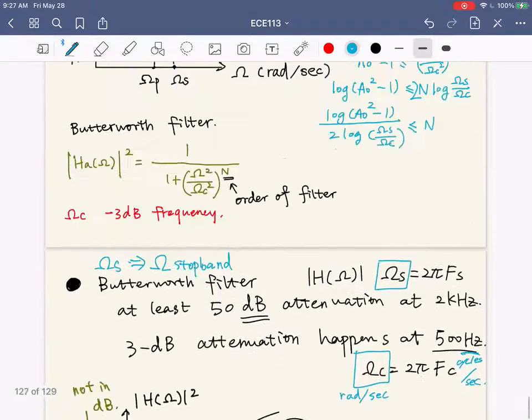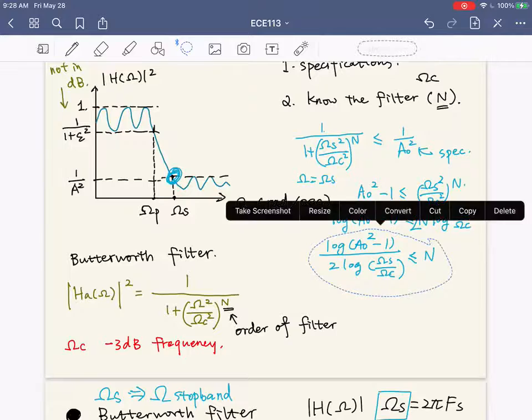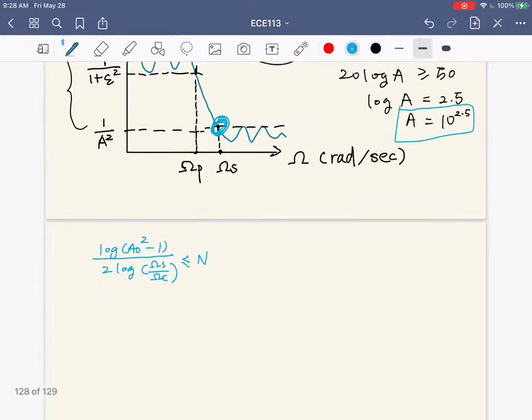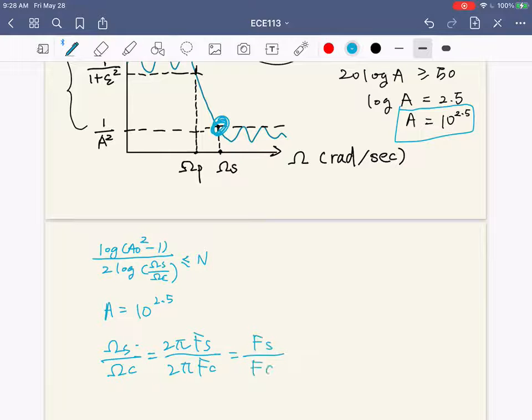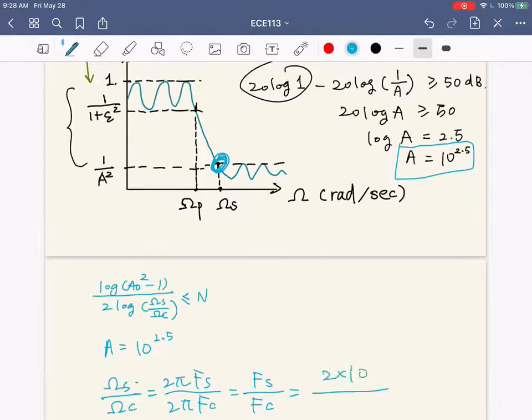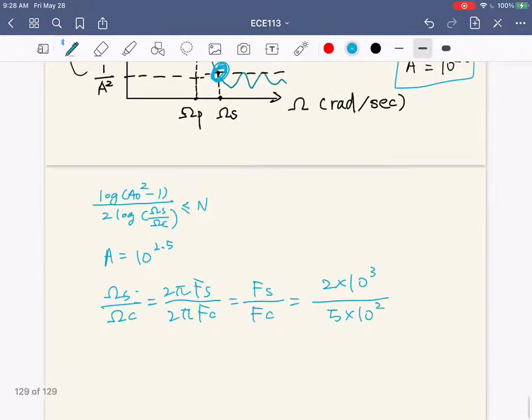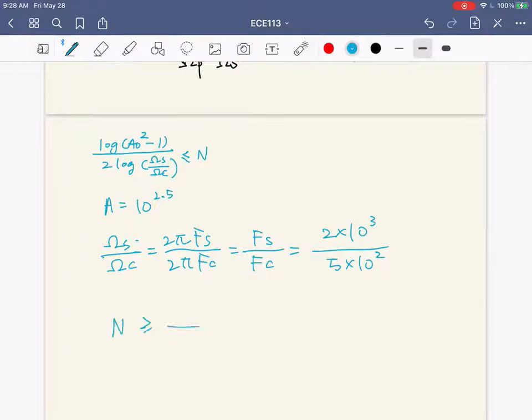Cool. So back to our formula. You see that our A is 10 to the 2.5, and our omega S over omega C is 2 pi Fs over 2 pi Fc, which is basically Fs over Fc. And it is 2K over 500. And then we can get our value.